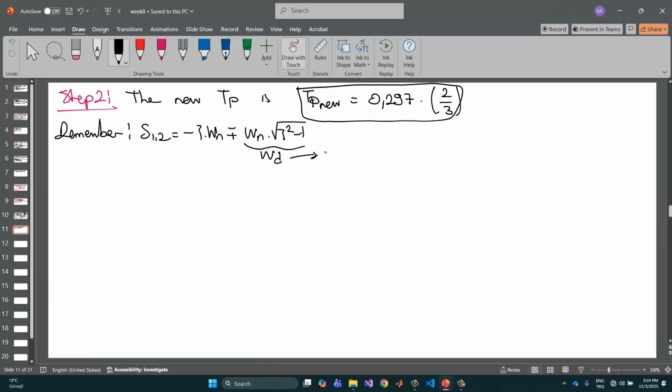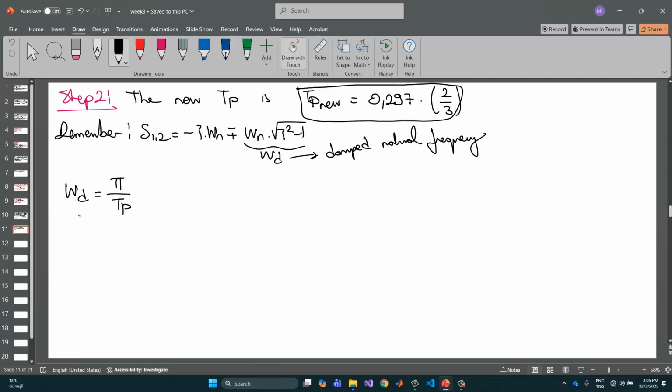This is called the damped natural frequency, guys. It comes from the damped case where we have zeta values. And from the formulation, the damped natural frequency is equal to pi divided by T peak.